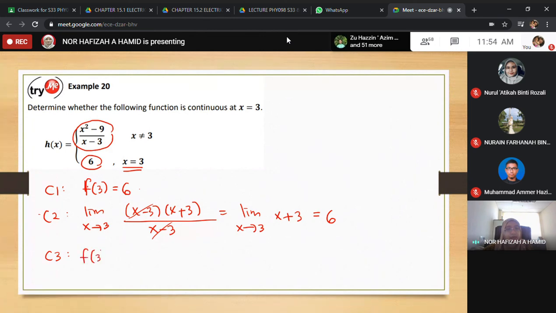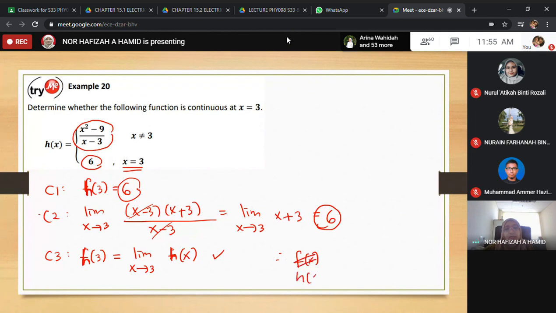So F3 value dia equal to limit x approach to 3 fx, hx. Sorry, ni function h. So ni you pakai h. H3 ni pun h. Okay. So dia satisfy condition number 3 sebab dia both dapat 6.